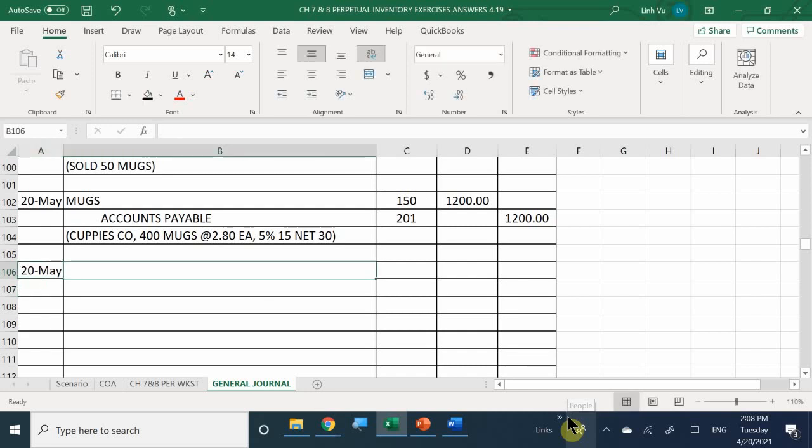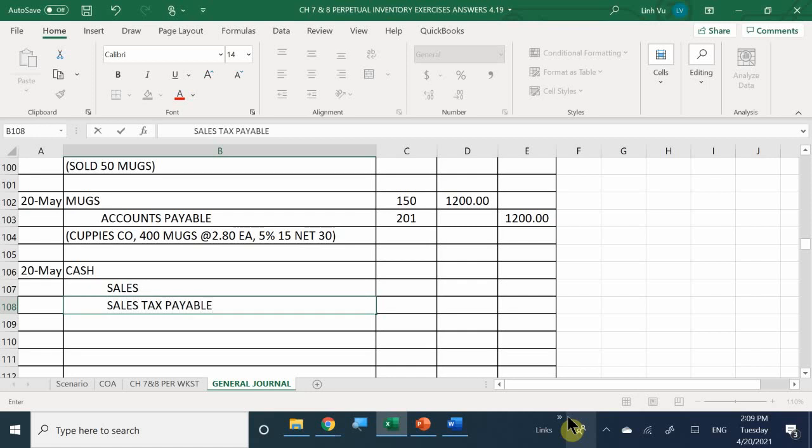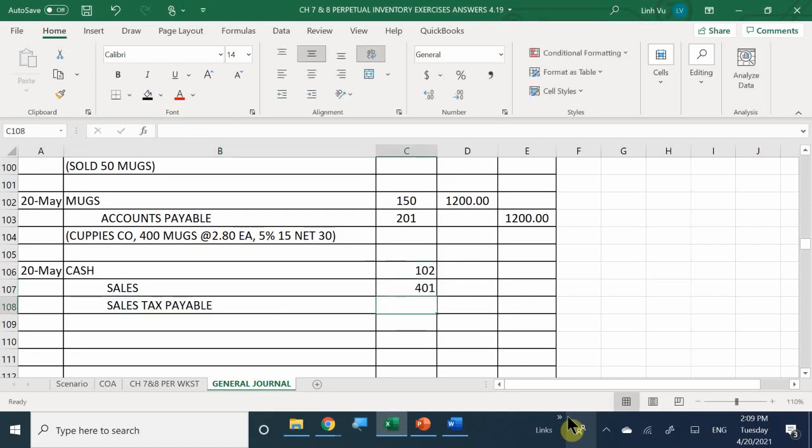So if I had an in-store sale, cash, then you'll go sales and sales tax payable. Good, right? We're recognizing that we just created a sale. So that's 102, 401, and 230.